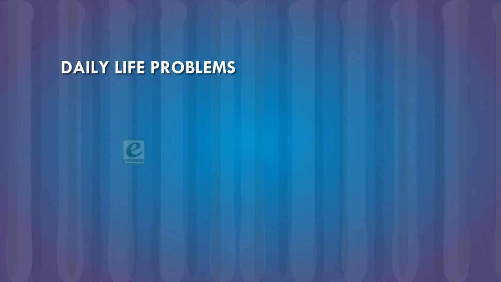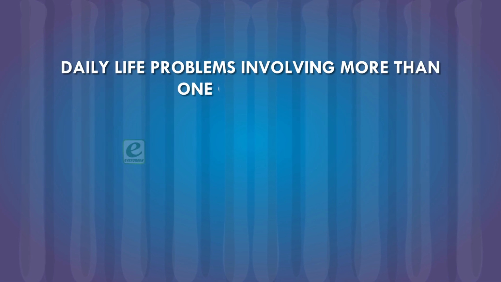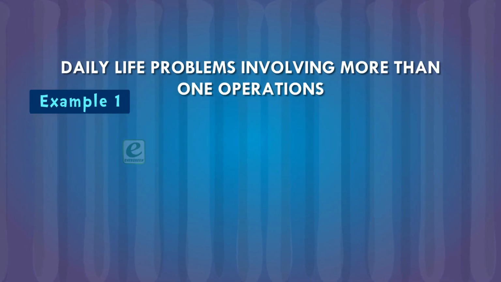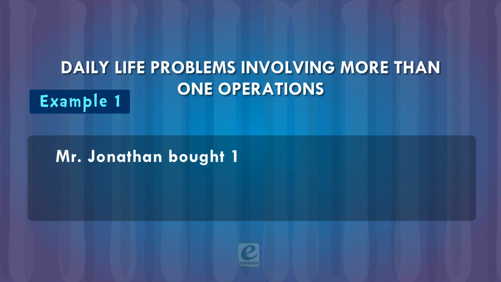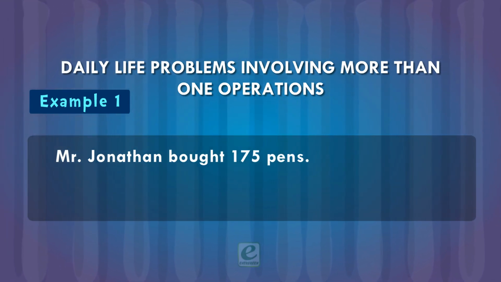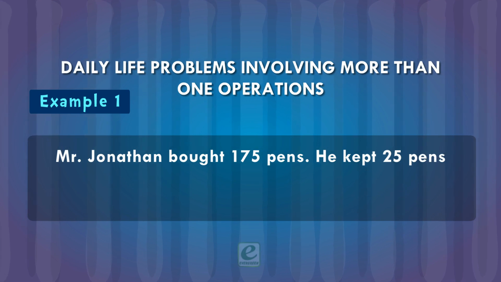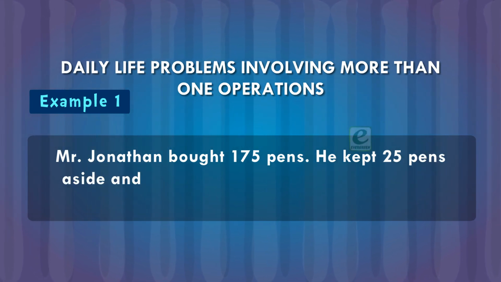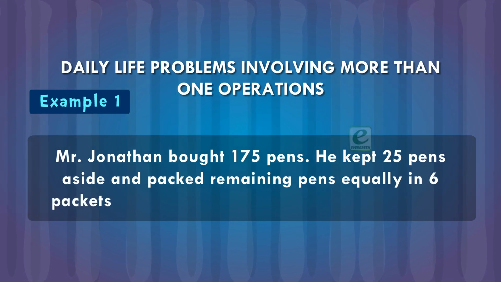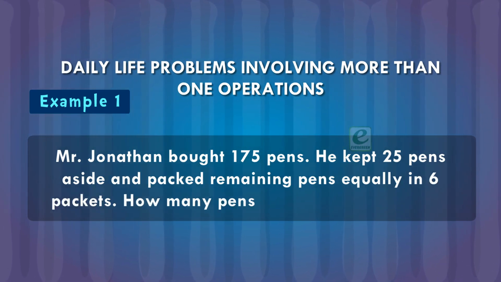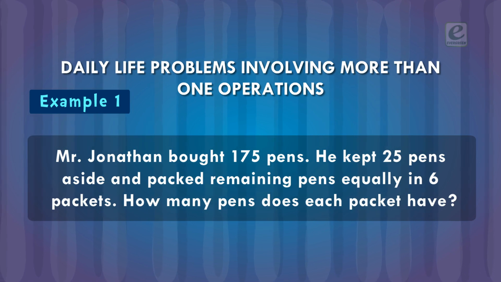Daily life problems involving more than one operation. Example 1. Mr. Jonathan bought 175 pens. He kept 25 pens aside and packed remaining pens equally in 6 packets. How many pens does each packet have? Solution.